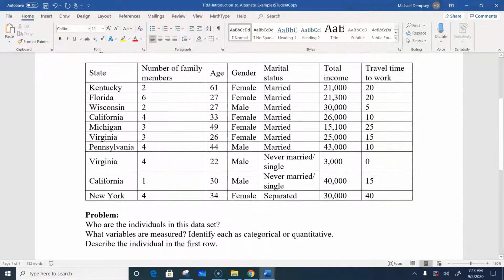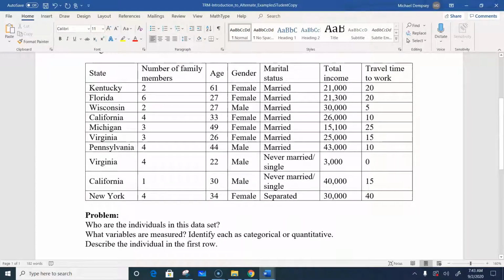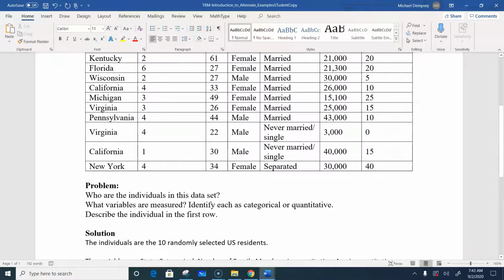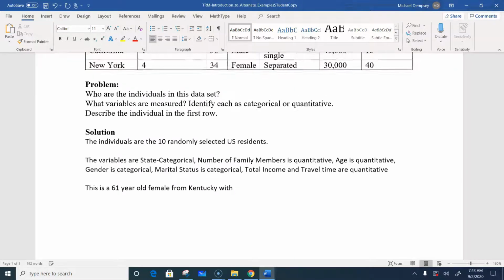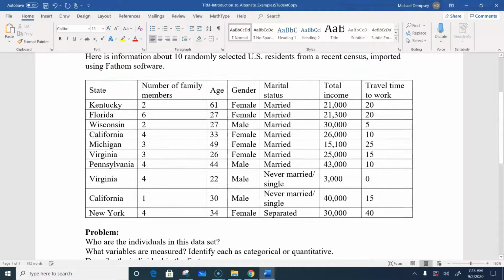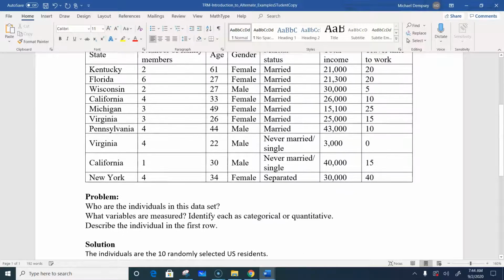Describe the individual in the first row. Okay, so the individual in the first row is a 61-year-old female from Kentucky. Two family members.